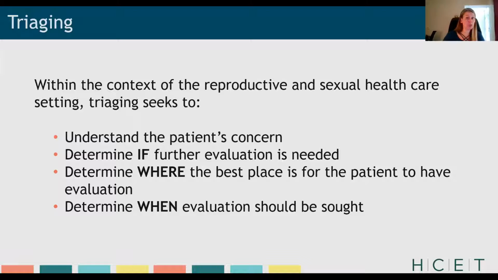Is this an urgent concern? Can this wait to be seen later in the week? Triaging looks a little different in sexual health care, but there are still those underlying themes of understanding somebody's need, their urgency, when they need to get seen, etc.